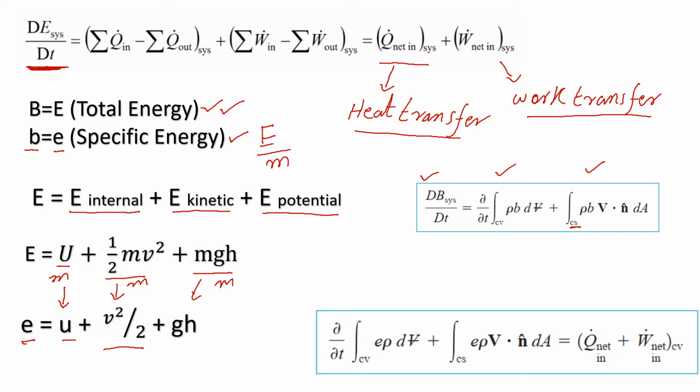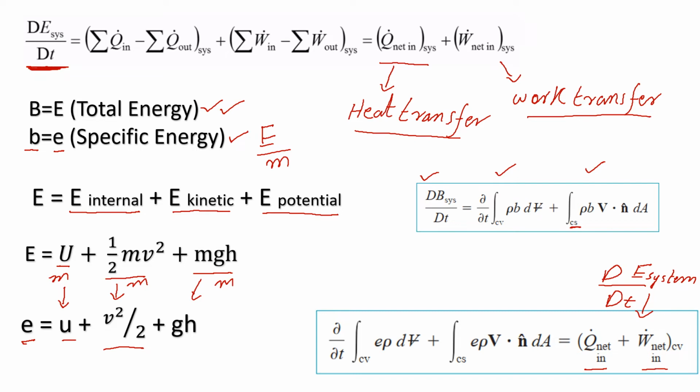This is my total change dB over dt, and here instead of B I would like to write E. So that is the total change in the energy of the system, which is equal to the change due to heat transfer plus due to work transfer.